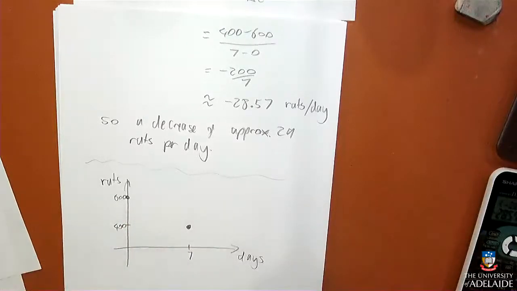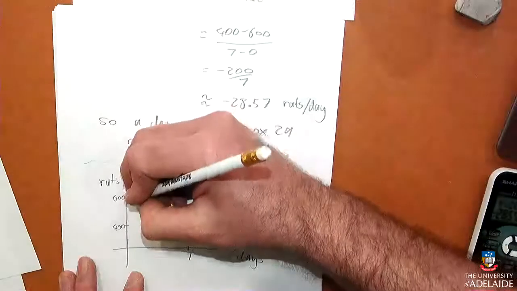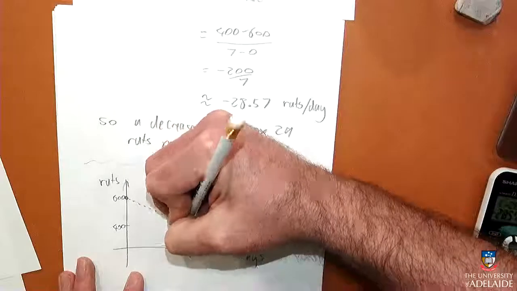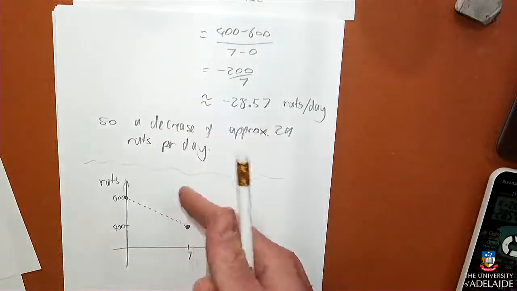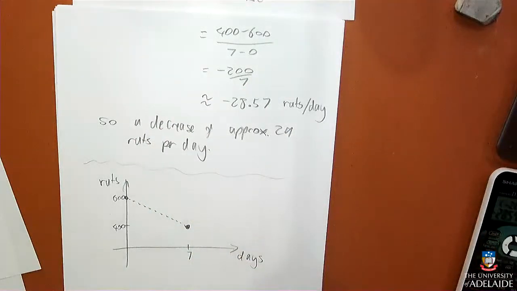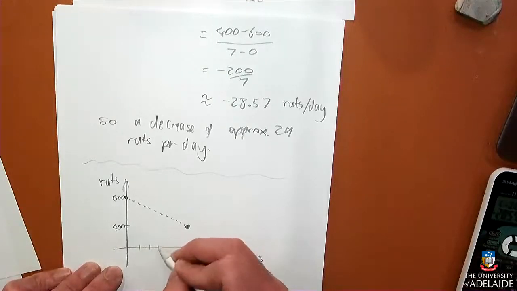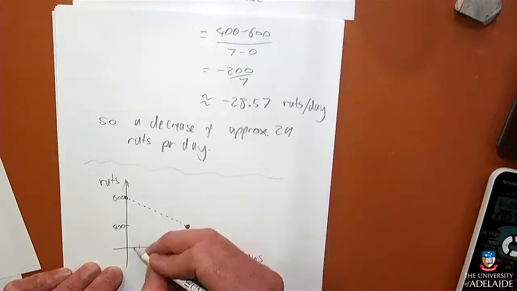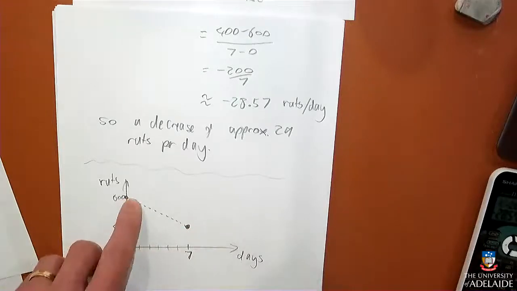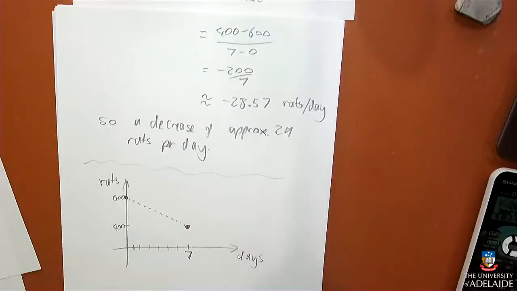So we can draw a graph of this in the traditional sense, and I don't really know what happened in between, but the slope of this line is the average rate of change. If I average this out over the 7 days, then every 1 day you go down about 29 rats. Okay, that's the general idea here.